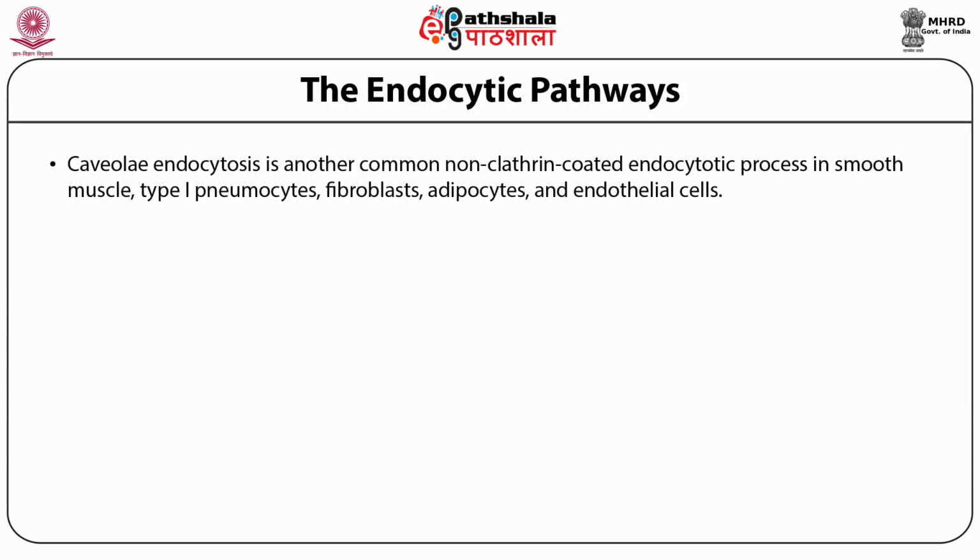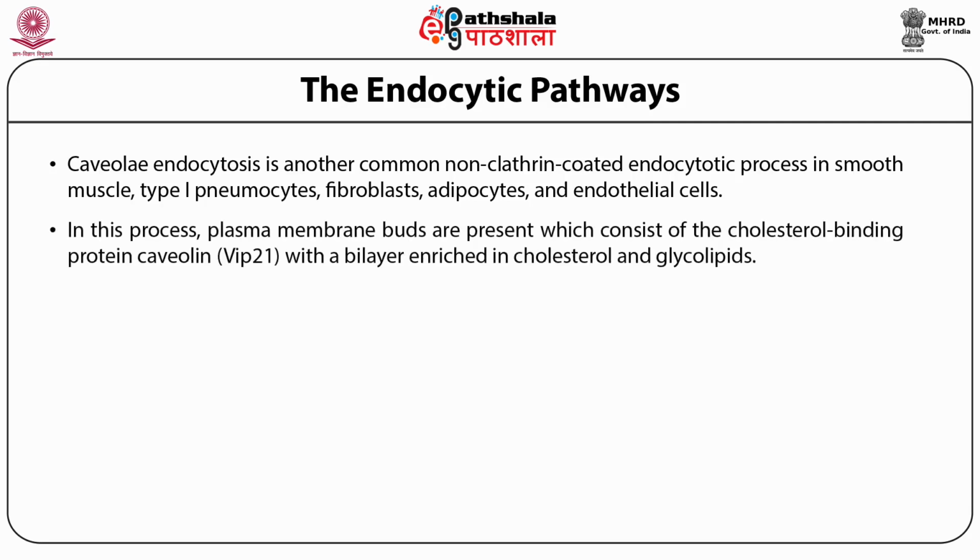Caveolae endocytosis is another common non-clathrin-coated endocytotic process in smooth muscles, type 1 pneumocytes, fibroblasts, adipocytes, and endothelial cells. In this process, plasma membrane buds are present which consist of the cholesterol-binding protein caveolin, that's VIP21, with a bilayer enriched in cholesterol and glycolipids.